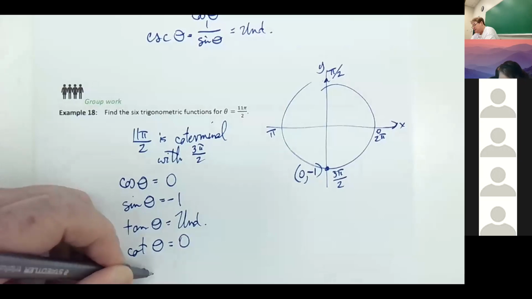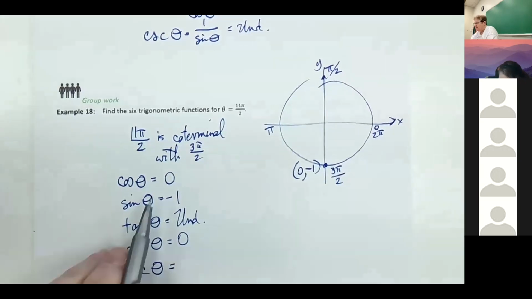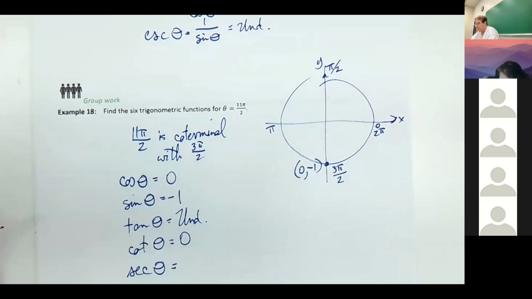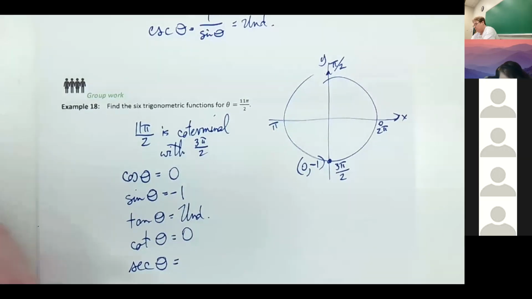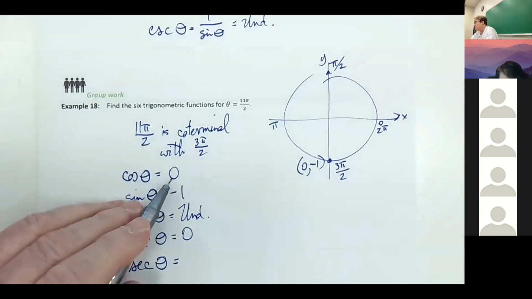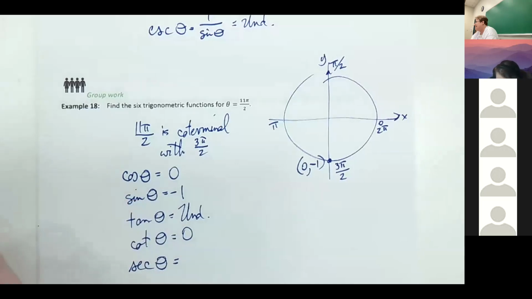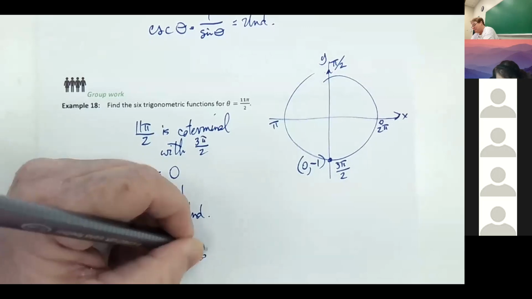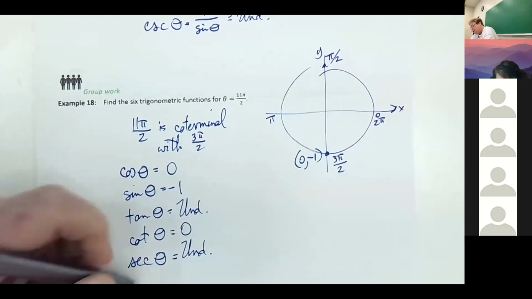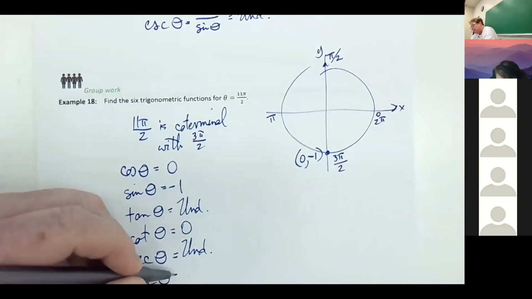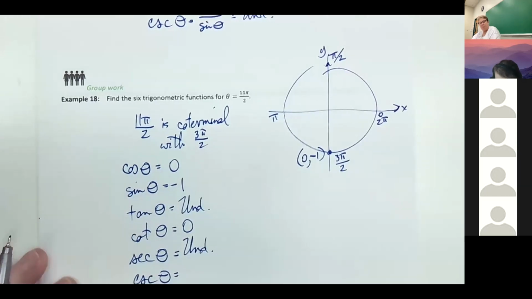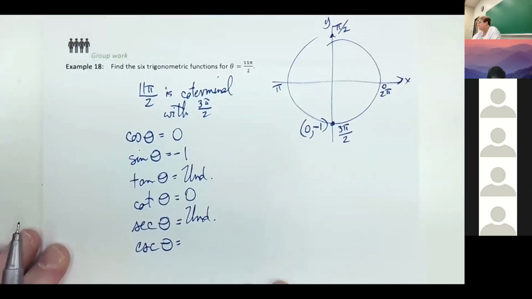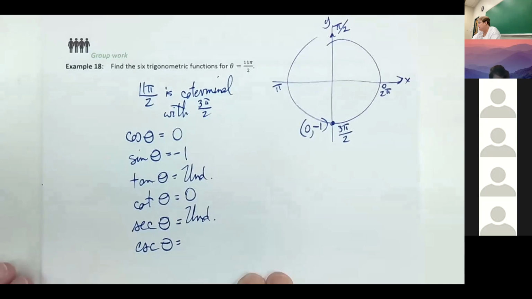The secant is the reciprocal of 0. Yeah, that's what you meant. And the cosecant is the reciprocal of the sine. Good.